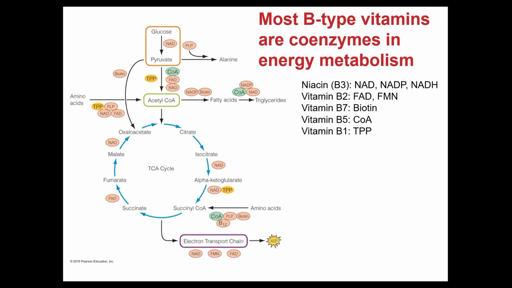Many vitamins act as coenzymes. For example, B7, biotin, and you can see here biotin is involved in the conversion of acetyl-CoA to fatty acids, also in the conversion of amino acids to one of the intermediates in the Krebs cycle, etc. This is not the only process in which vitamins act as coenzymes.